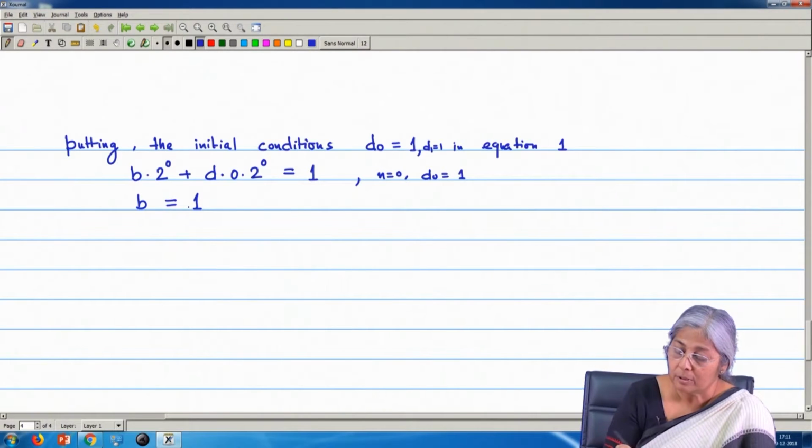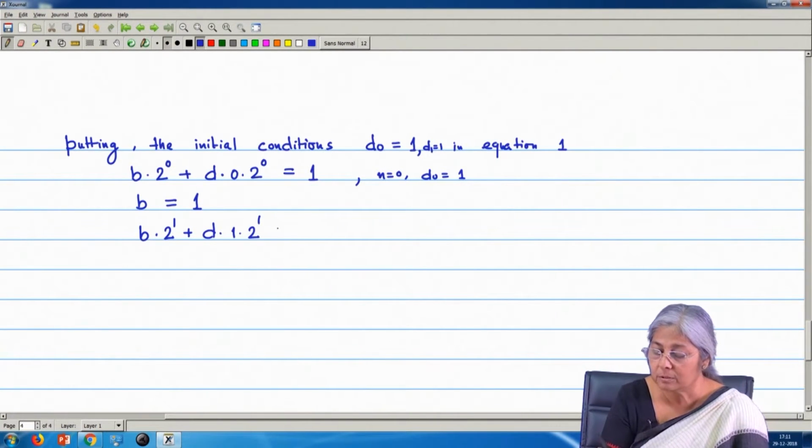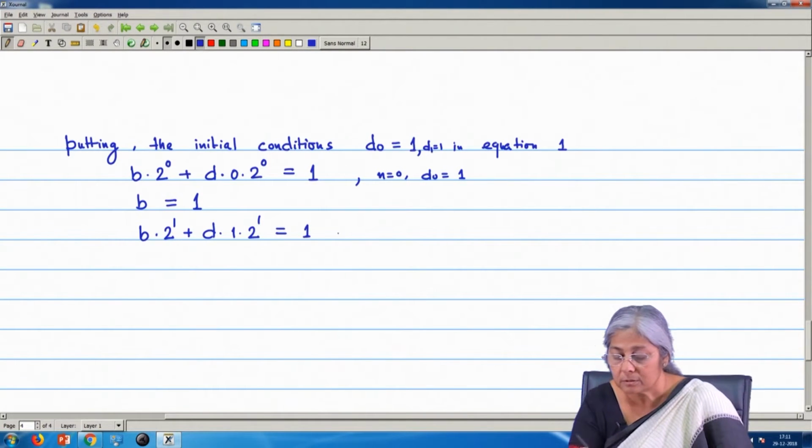Now, if I put d 1 equal to 1, then b 2 to the power 1 plus d 1 2 to the power 1 equal to 1. That means I put n equal to 1 and d 1 equal to 1.